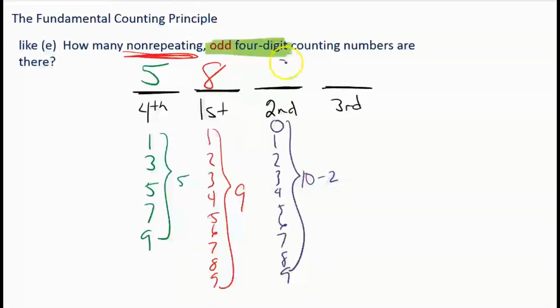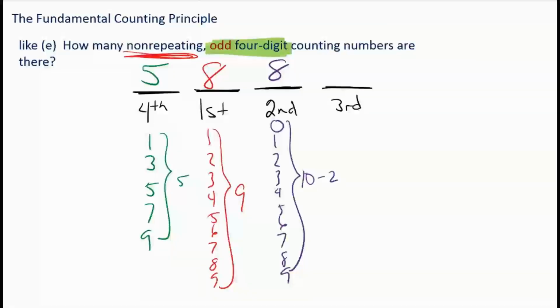If I throw out 2, then I have 8 possibilities for my second digit. Now, why are these the same when usually it steps down? Because we added 0 back in. So I took that 8 down to 7, but I added the option of 0 back in, which made it 8.